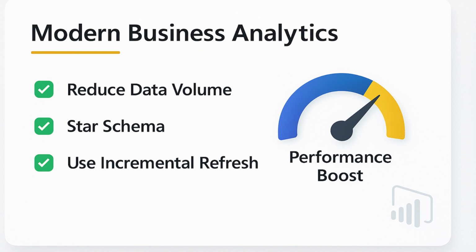Now, if we talk about performance and optimization tips, to keep things running smoothly, the first one is that we can reduce data volume by filtering unnecessary rows or columns. We can use star schema modeling. We can avoid too many visuals on one page.